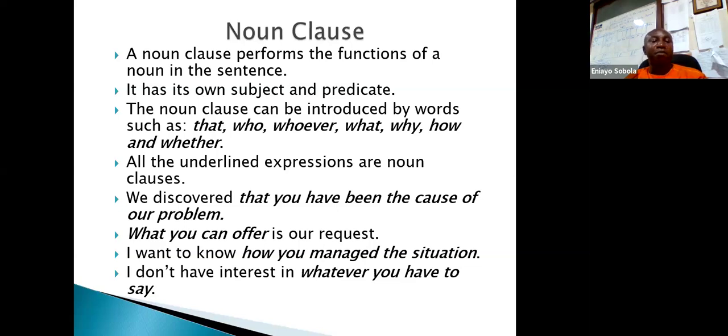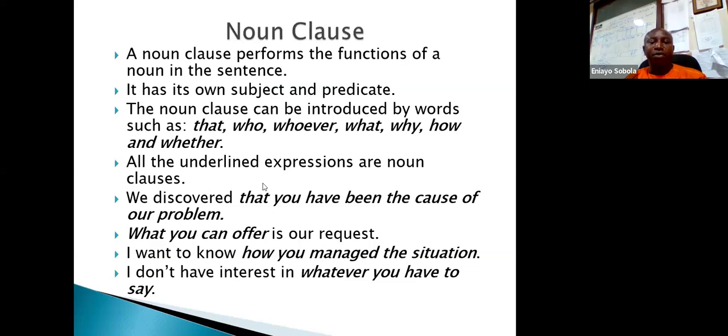But because it performs the function of a noun, it is a noun clause. And the noun clause can be introduced by the following words: that, who, whoever, what, why, how, and whether. All these elements occur with whatever functions as the subject of the clause.